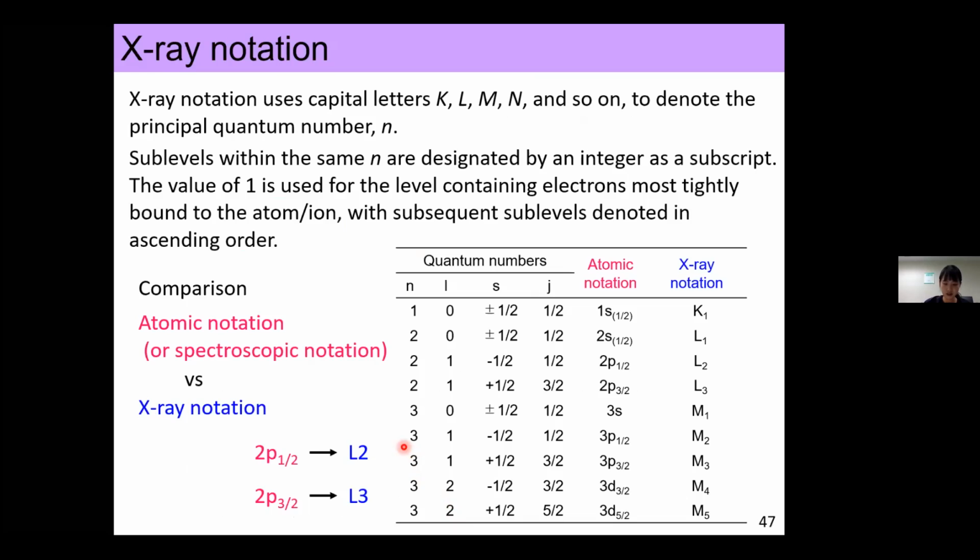Because I don't know whether you're familiar with X-ray notation, I made one slide to explain it. X-ray notation uses capital letters K, L, M, N, and so on to denote the principal number N. Sublevels within the same N are designated by an integer as a subscript.